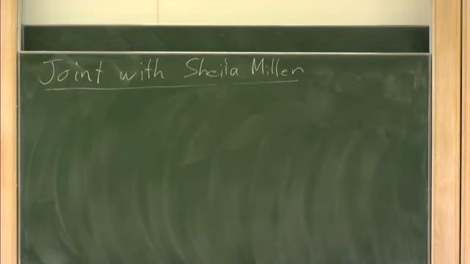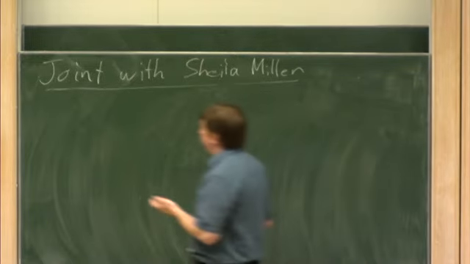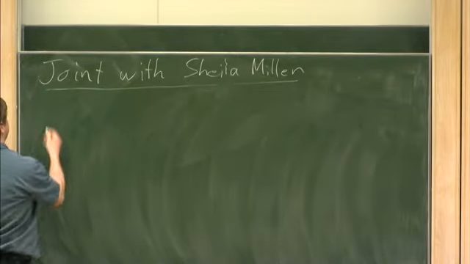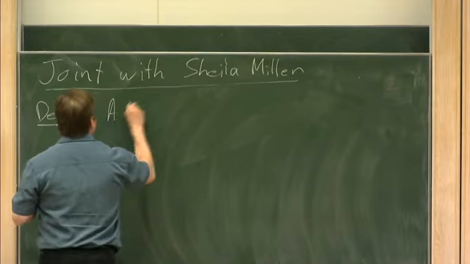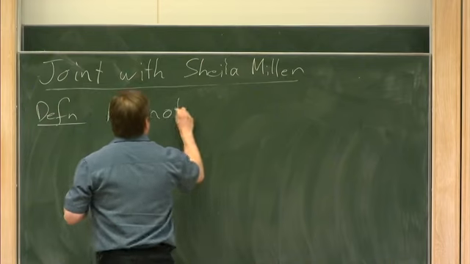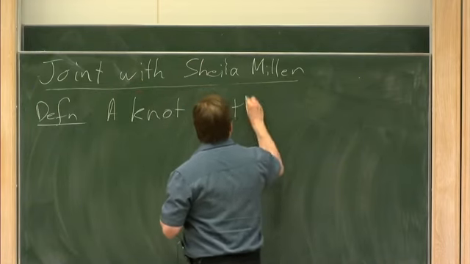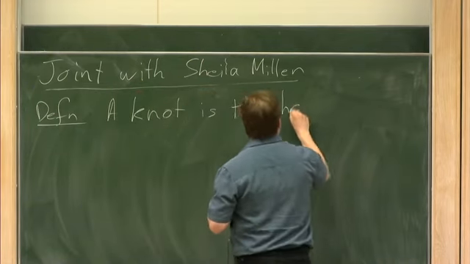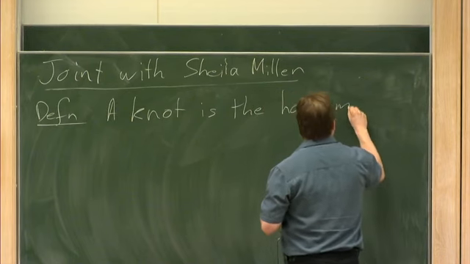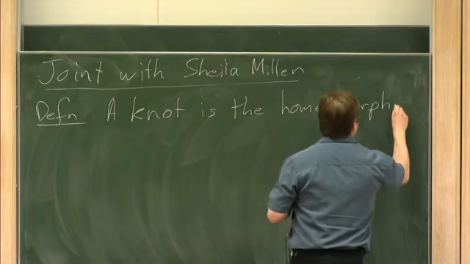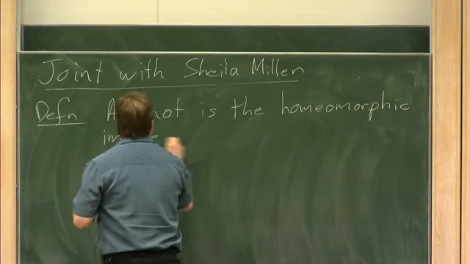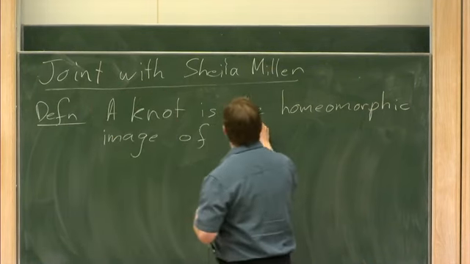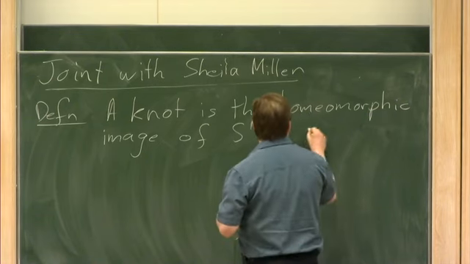So let me start by clarifying what we mean by a knot. The first definition would be that a knot is the homeomorphic image of the unit circle in R3.